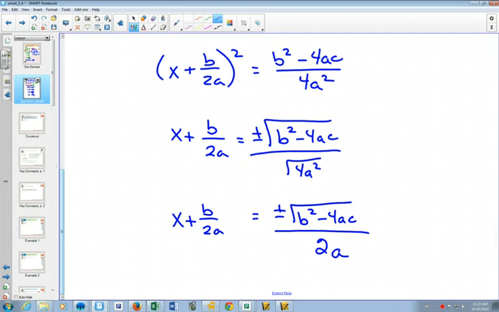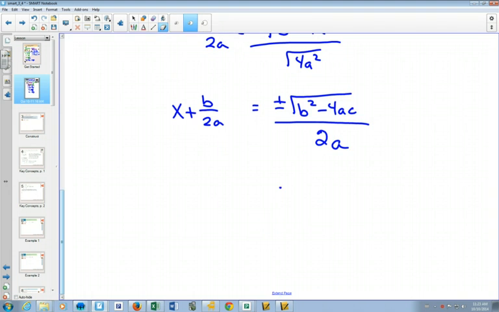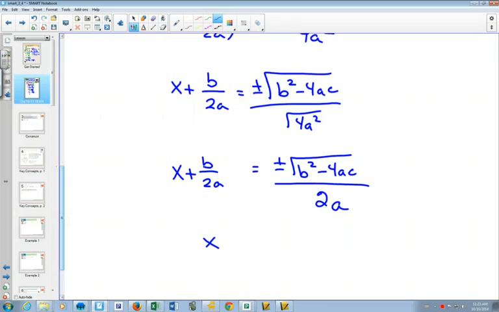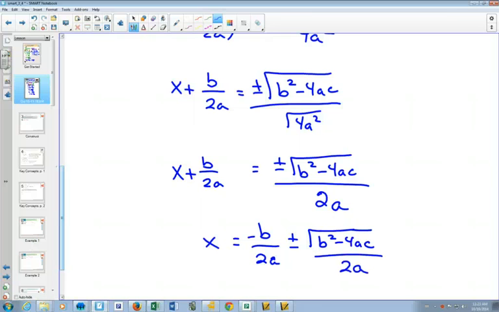You want to get x by itself? What would you have to do to that b over 2a? Subtract it. And if you subtract it, do you notice those fractions already have a common denominator?